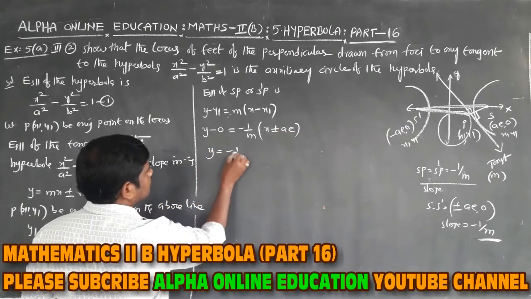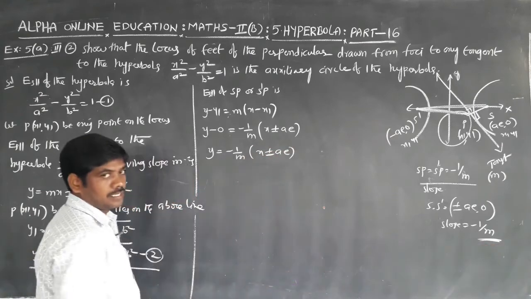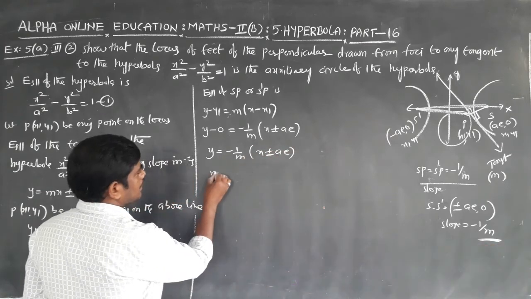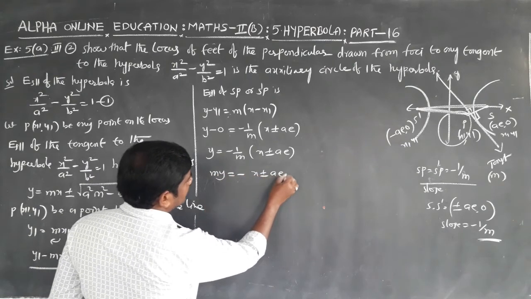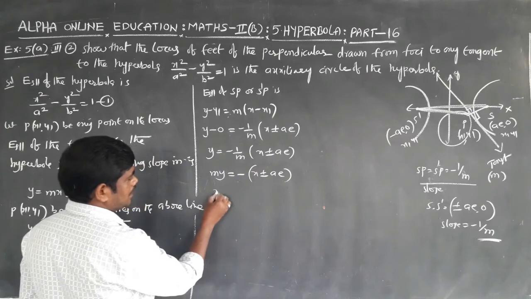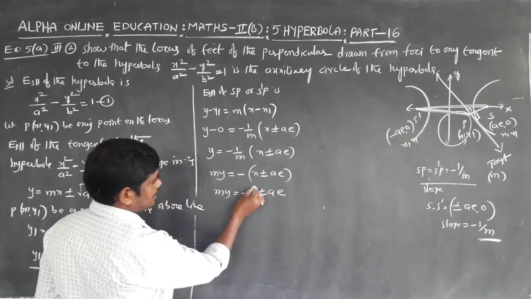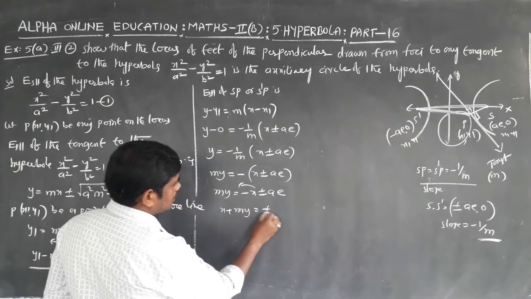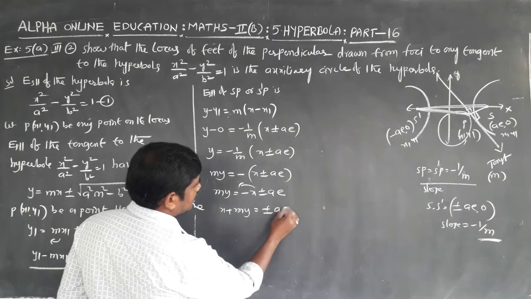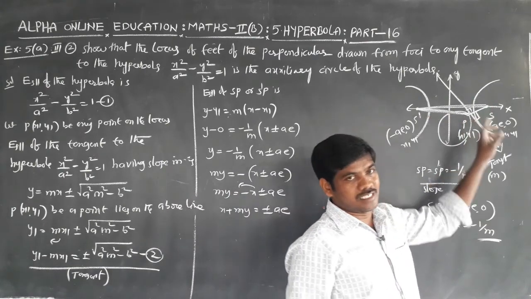Y is equal to minus 1 by m into x plus or minus ae. Taking m to the left side, my is equal to minus of x plus or minus ae. Taking x to the left side, x plus my equal to plus or minus ae. This is the equation of SP or S dash P.